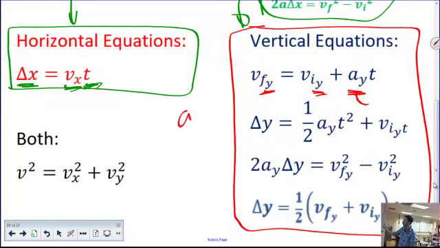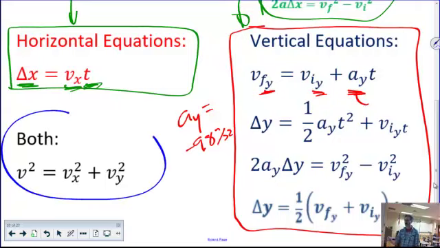And it's probably worth noticing that AY in all of these equations is just going to be negative 9.8 meters per second squared. And then the only equation that ties them together is the Pythagorean theorem, a squared equals b squared plus c squared. Your v is just equal to your vx squared and your vy squared. I said that badly, but it's just the Pythagorean theorem.